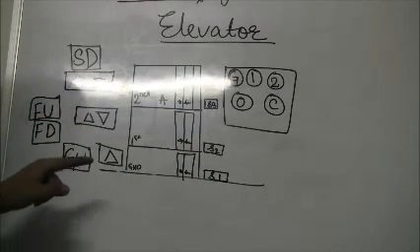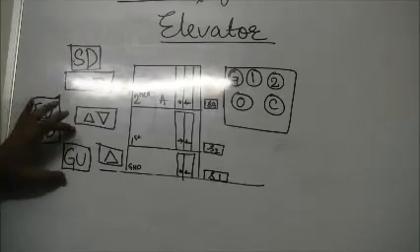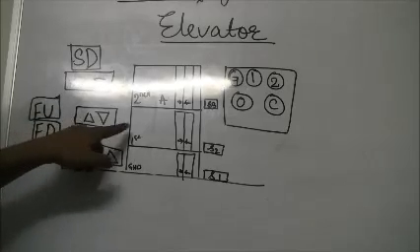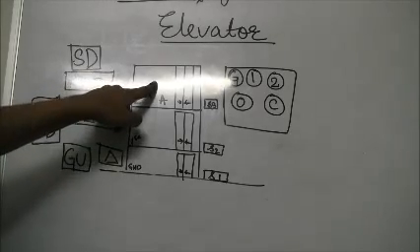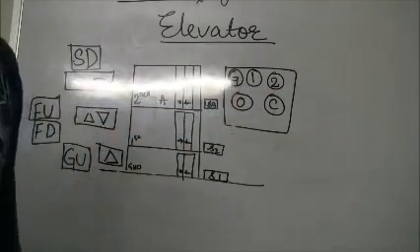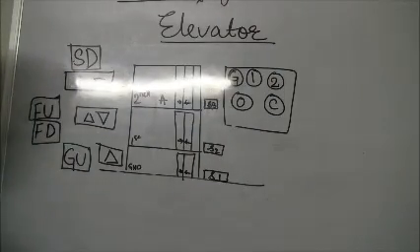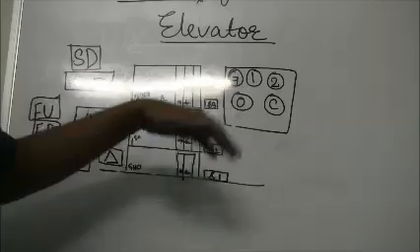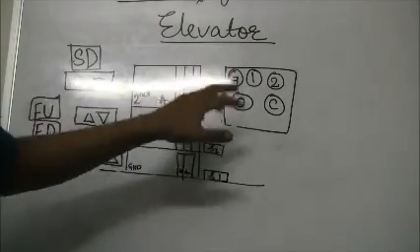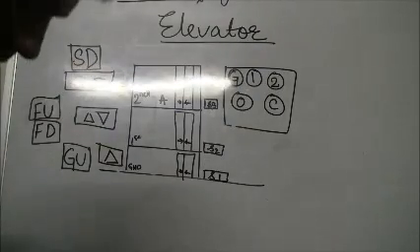And these are the set of buttons present on the ground, first and the second floor. They are the up button for the ground floor, up and down for the first floor, and down button for the second floor. And these are the set of buttons to open and close. These are present inside the lift, right? So the person inside the lift, if he wants to give instruction of which floor he wants to go, he would require this particular control box, control panel maybe.